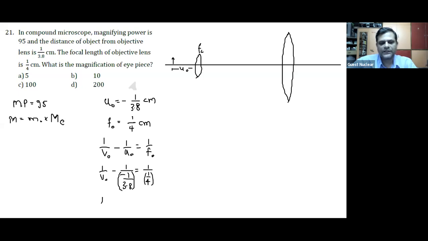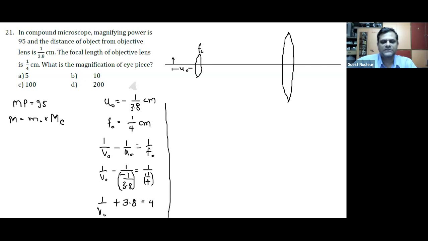So VO निकालने के लिए ये सिंप्लीफाई करेंगे इसको आगे तो हमको मिलेगा 1/VO, sorry, this minus of minus will become plus. Okay, and here my 1 upon 3.8 मतलब वो ऊपर जाके simply 3.8 बचेगा, right? And that is going to be equal to 1 upon 4, which becomes 4 only.